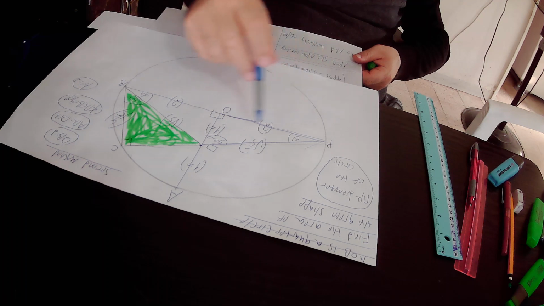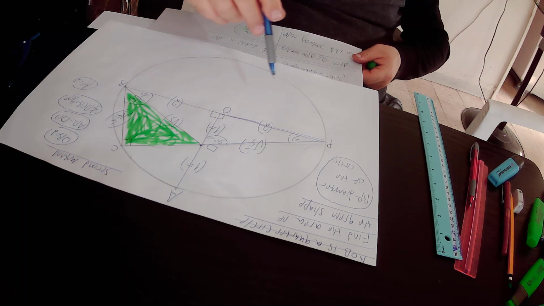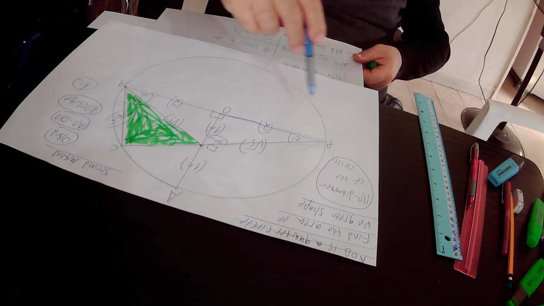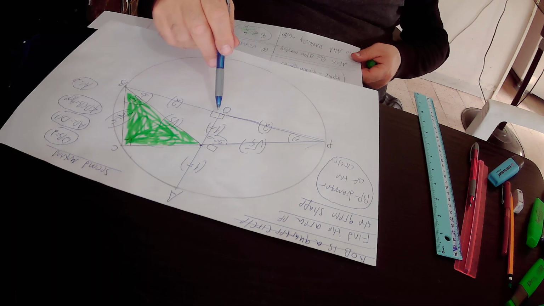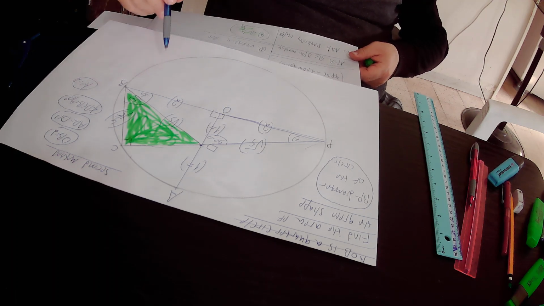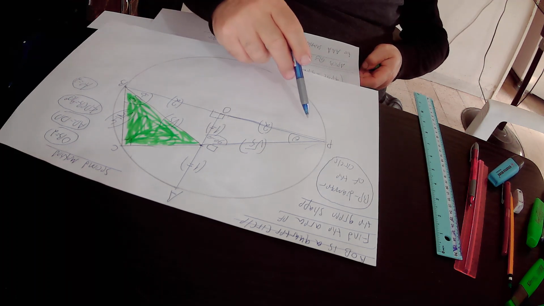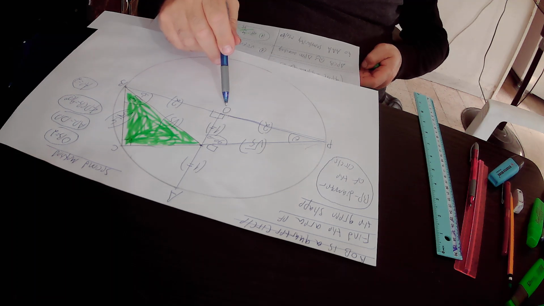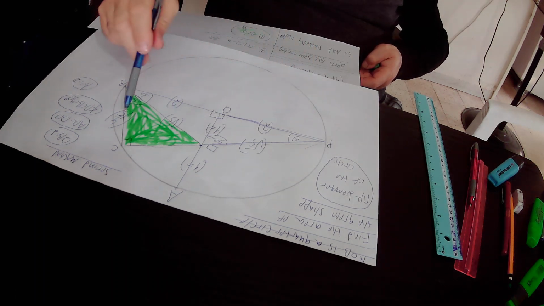That side PD in the small triangle over side PB in the big triangle equals side DO in the small triangle over side CB in the big triangle, and it also equals side PO in the small triangle over side PC in the big triangle.